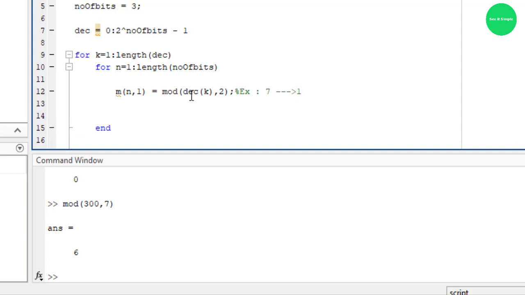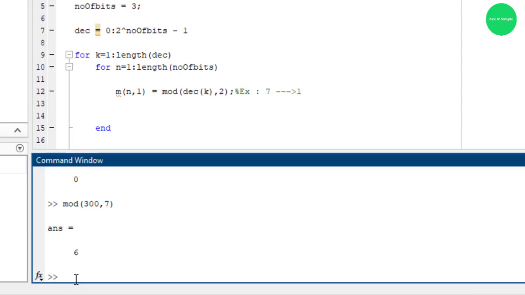Then 7 divided by 2 gives remainder 1 and quotient 3. So we have to divide it again. For that, to get that value, we have to use the floor operator.